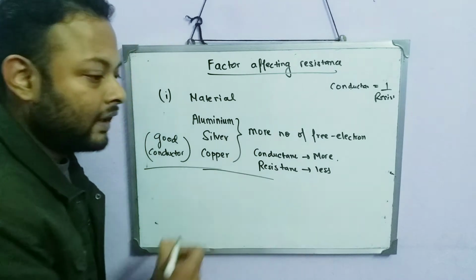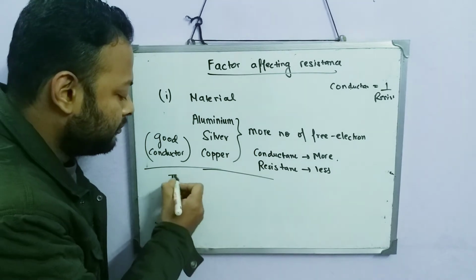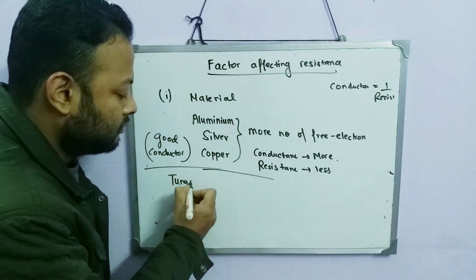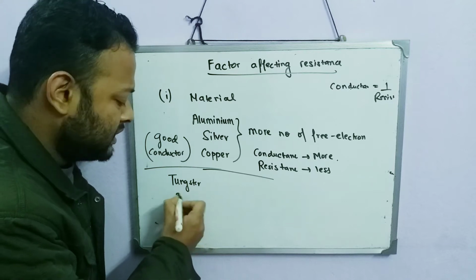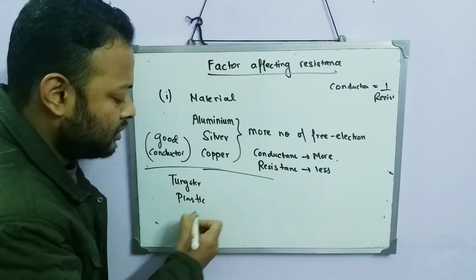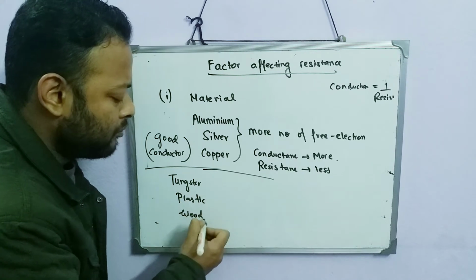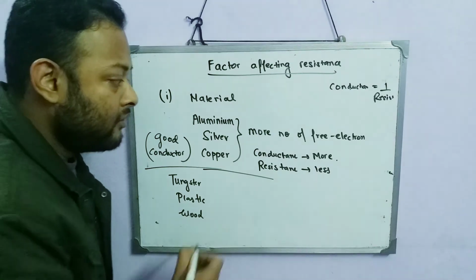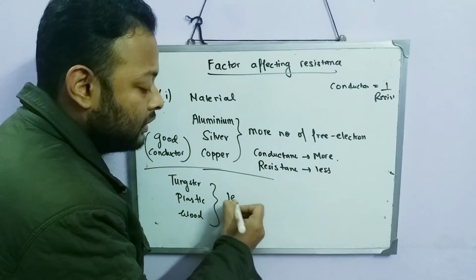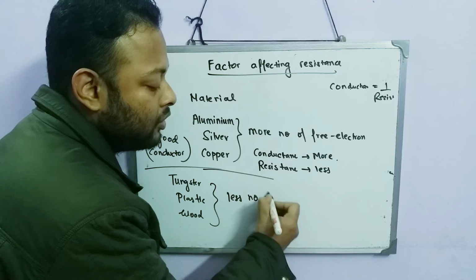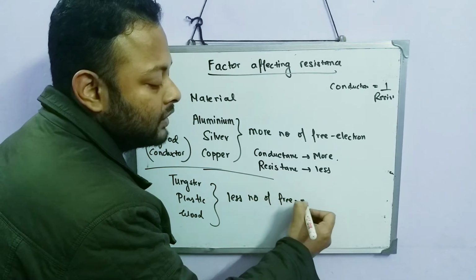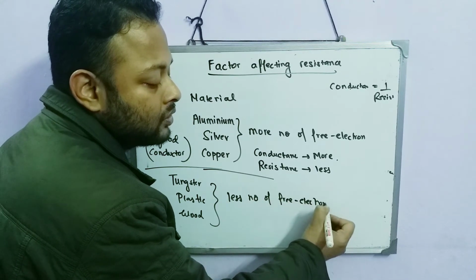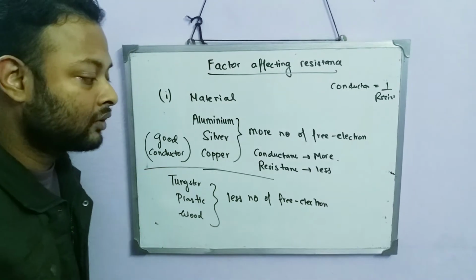Now if you take examples like tungsten, or even plastic, or wood, they have less number of free electrons.